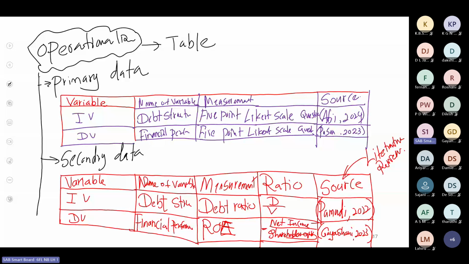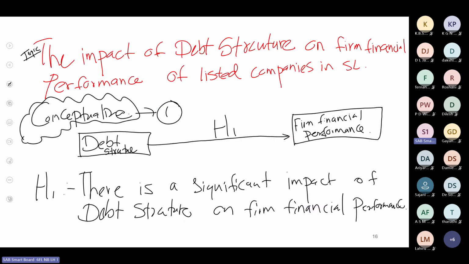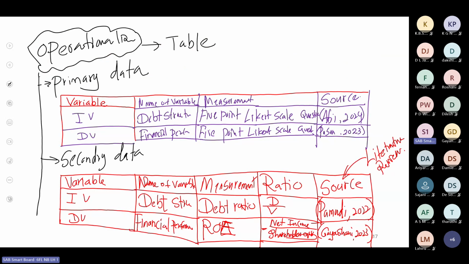Is that clear to you? Conceptualization means we show what we are doing, right? So this is conceptualization. Operationalization goes beyond that. It shows how I collect data for my variables and how I measure them.